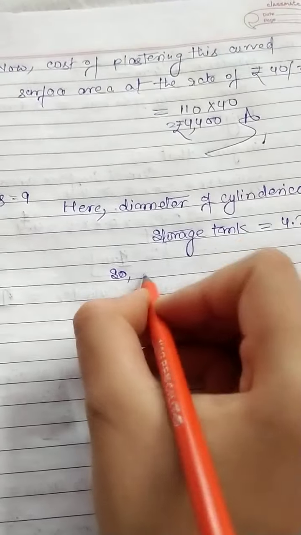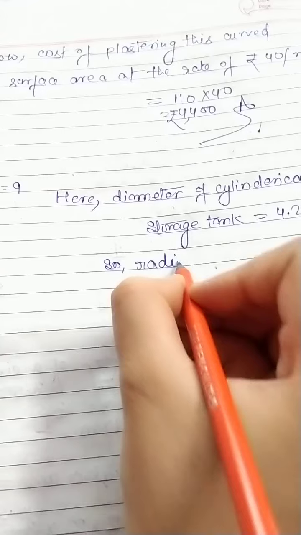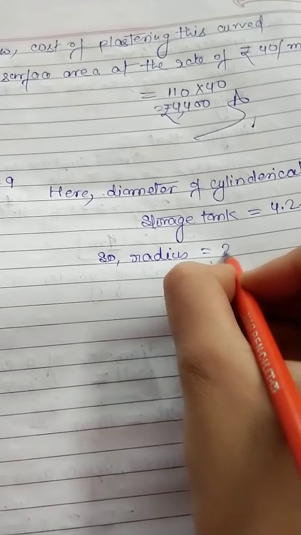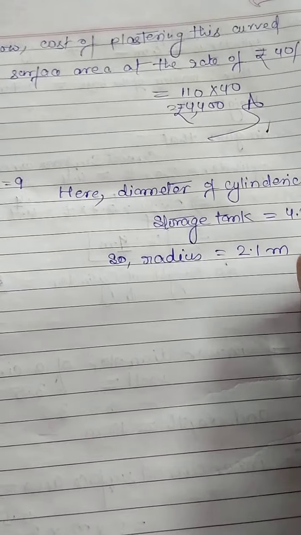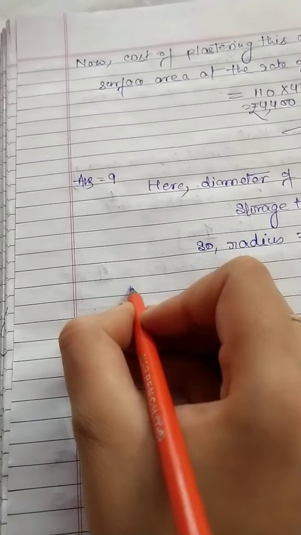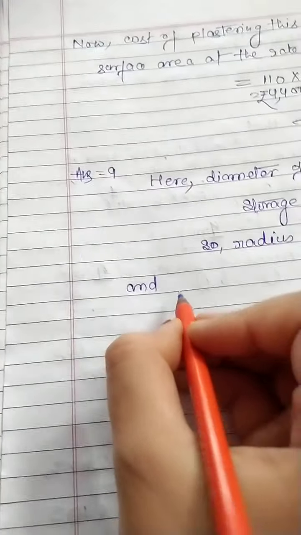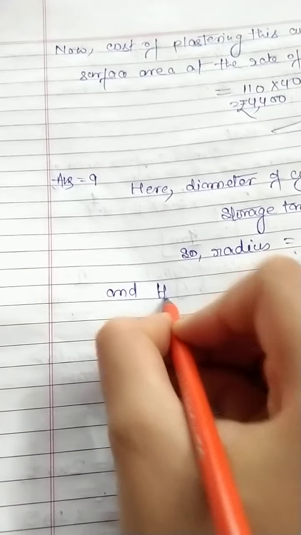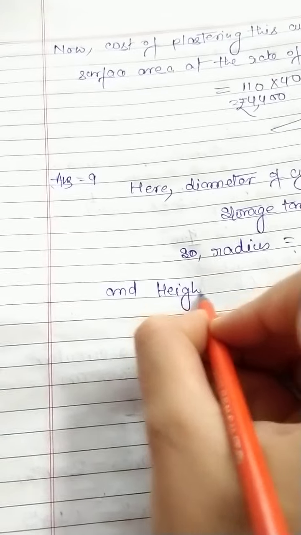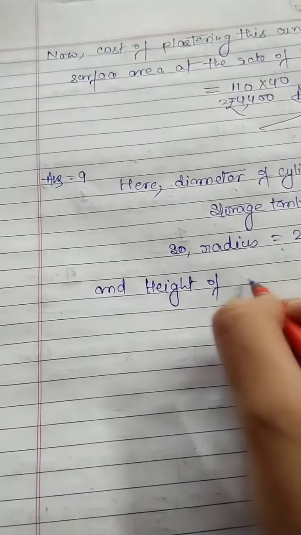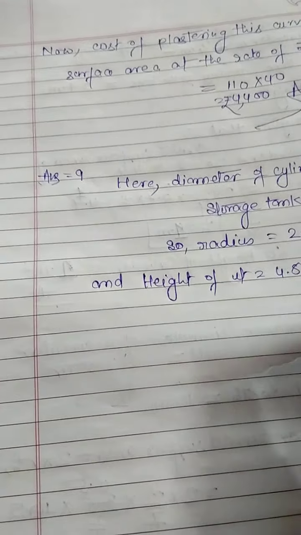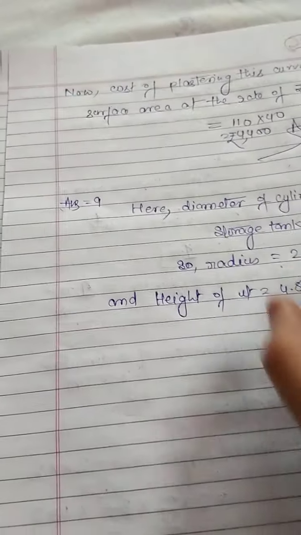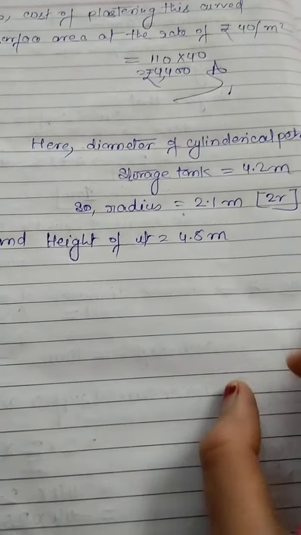So radius equal to 2.1 meter, and height of it equal to 4.5 meter. These two things are given in the question.